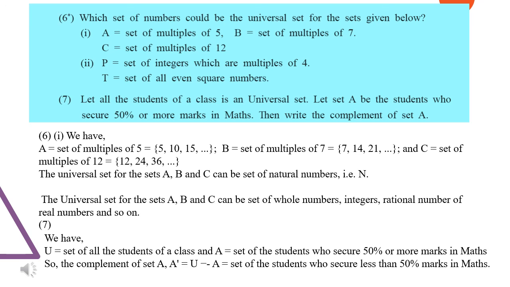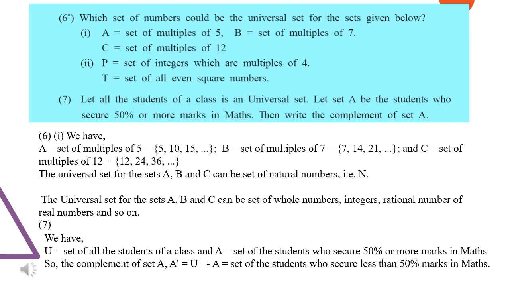A is the set of students who secure 50% or more marks in maths. So the complement of set A will be U minus A, which is nothing but the set of students who secure less than 50% marks in maths.